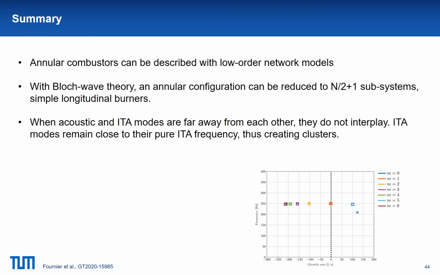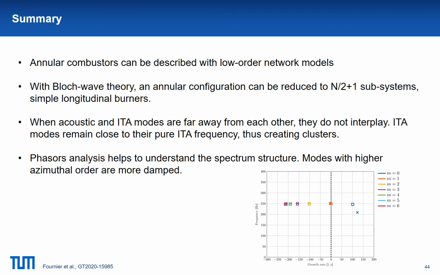When the acoustic and the ITA modes are far away from each other, they do not interplay. Therefore, the ITA modes will remain close to their pure ITA frequency, thus creating clusters. The Phasor analysis helps us to understand the spectrum structure. Modes with higher azimuthal order are more damped.